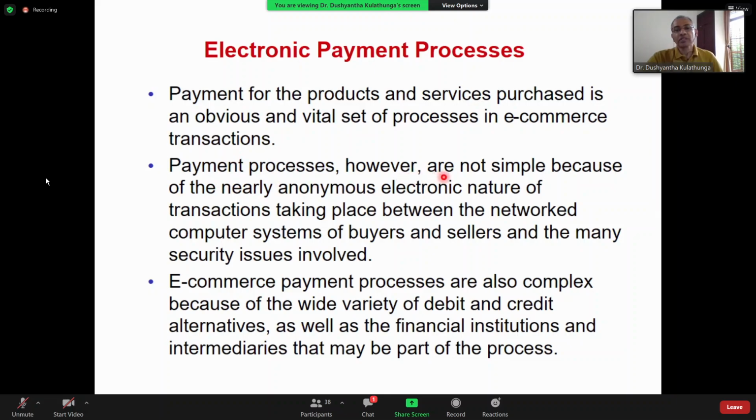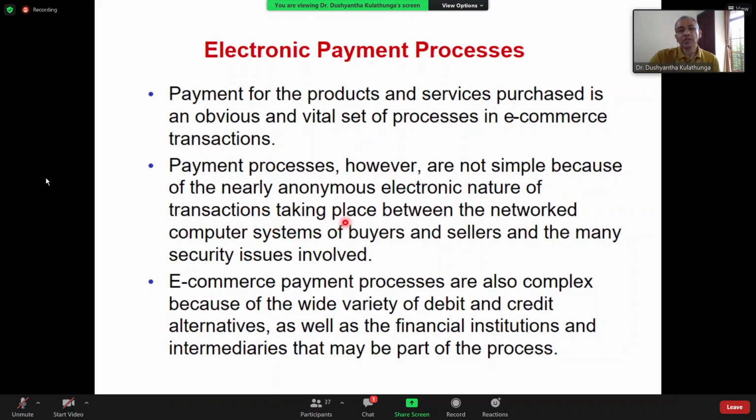Payment processes, however, are not simple because of the nearly anonymous electronic nature of transactions taking place between the networked computer systems of buyers and sellers and the many security issues involved. Now here it says it is not simple, indicating that it is somewhat complex. Why is it complex? Here it says because it involves the anonymous electronic nature of transactions taking place between these buyers and sellers.